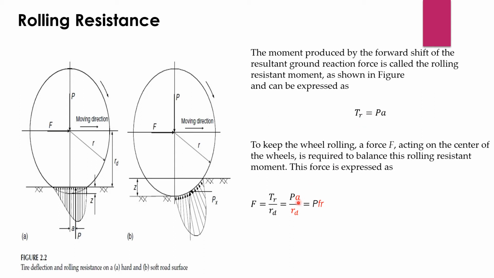Substituting Tr equals P times a over here, and replacing a over Rd by fr, where Rd is the effective radius of the wheel and fr equals a over Rd is the rolling resistance coefficient.